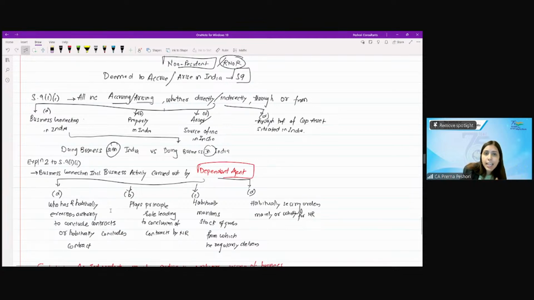Because the business connection required the linkage between the activities and the income carried out. So basically it's required that the activities are carried out in India.